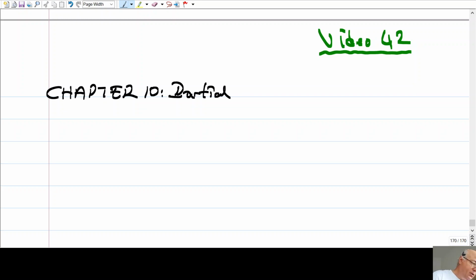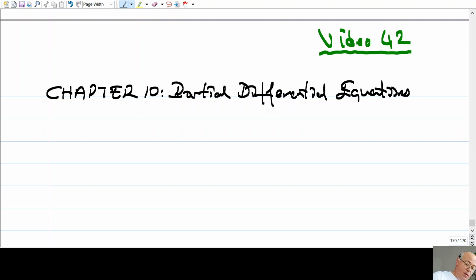Okay, today we start the last chapter of the material we will cover in this course: partial differential equations and Fourier series.